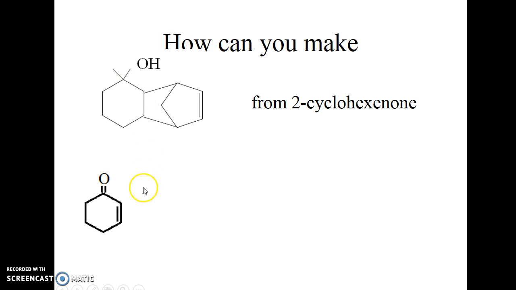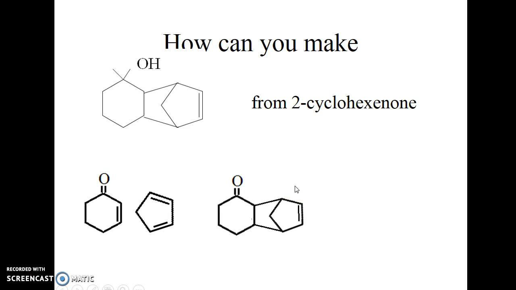And hopefully you're saying, this looks kind of like a Diels-Alder from this being added to this. If we do that, we can get this intermediate, and then that intermediate can be modified to this with a Grignard reagent.